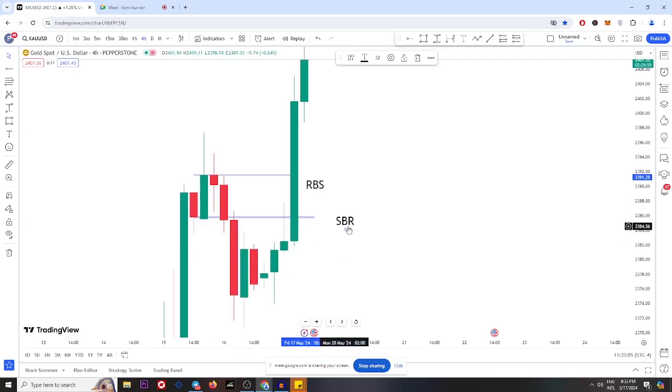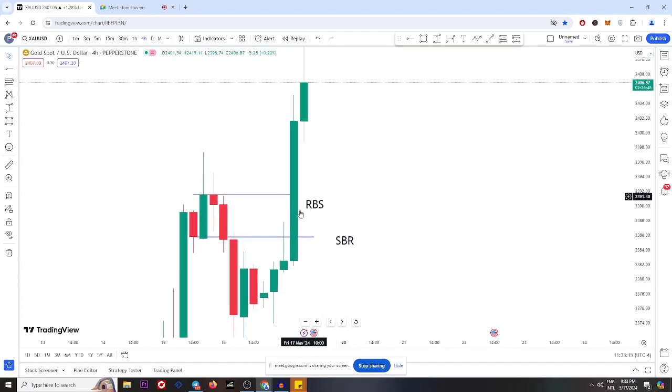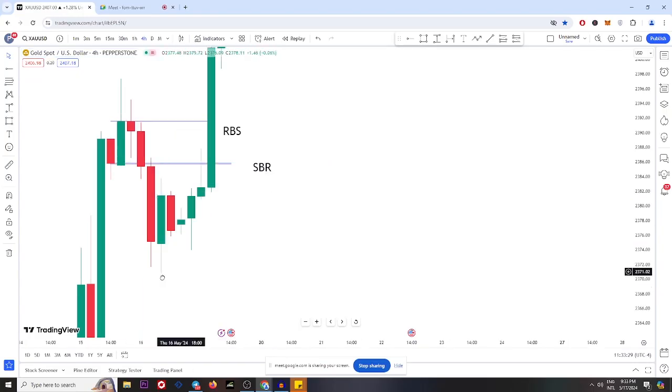We will see why we needed all of this, but before we go a little bit further, we need to look at which is fresh and which is not fresh. Fresh means, if it is a candle, and we are seeing a bullish candle here, so it is a support.